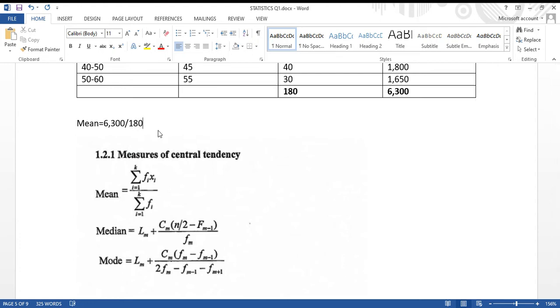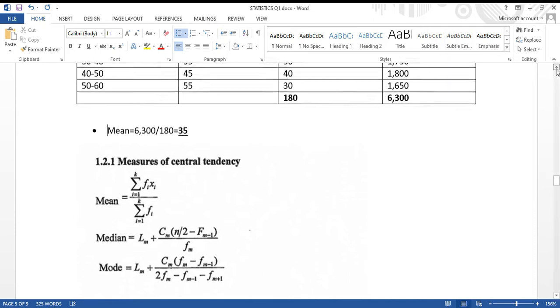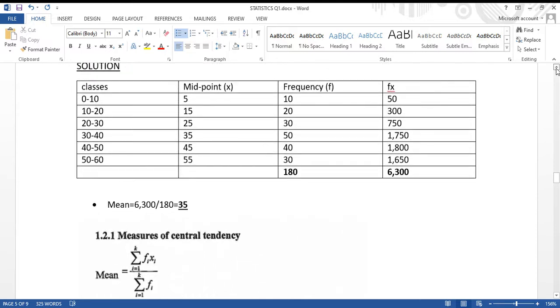So 6,300 divided by 180, we get 35. So our mean, which is x bar, equals 35. All right, are we okay with that?